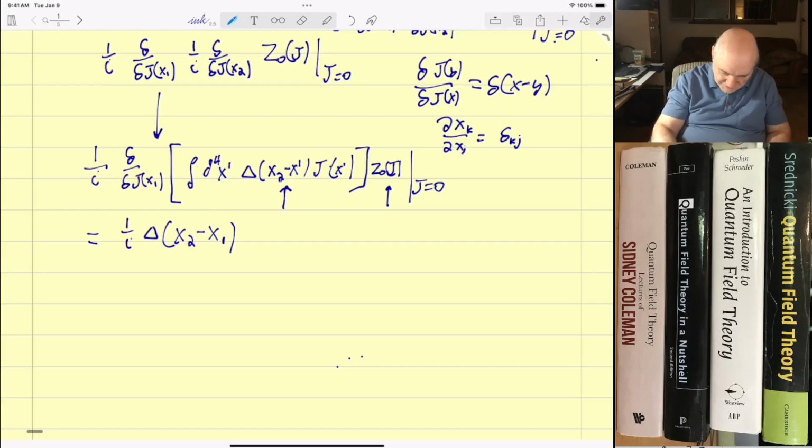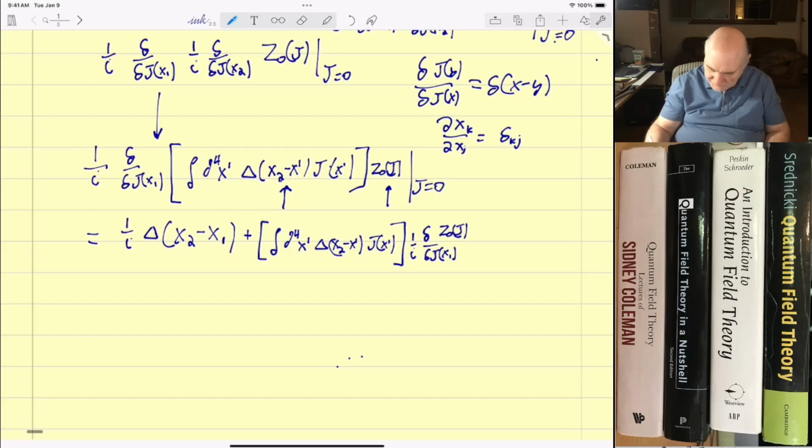And then I'm going to get the next term, which is equal to what we had there, because we're going to d4x prime, and now we're going to do 1 over i delta over delta J(x1) of Z0[J].